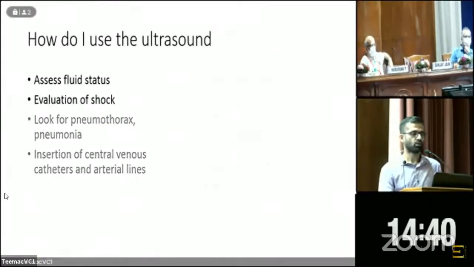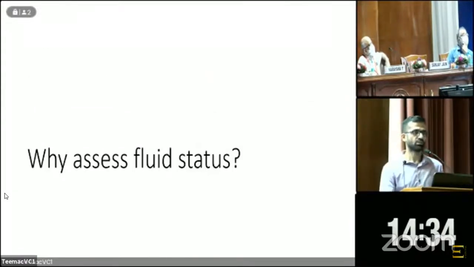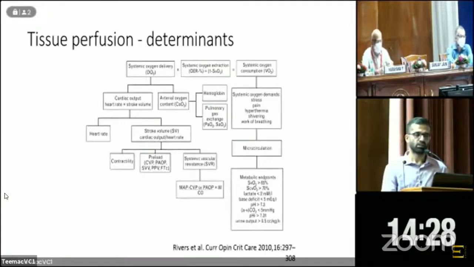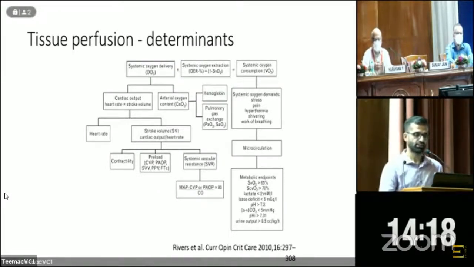So how do I use ultrasound for assessing fluid status and for evaluating shock? The first question which we should be answering is why assess fluid status? Hypovolemia or shock is bothersome because it leads to circulatory failure and its attendant consequences, which is acidosis, lactic acidosis, and poor tissue perfusion.